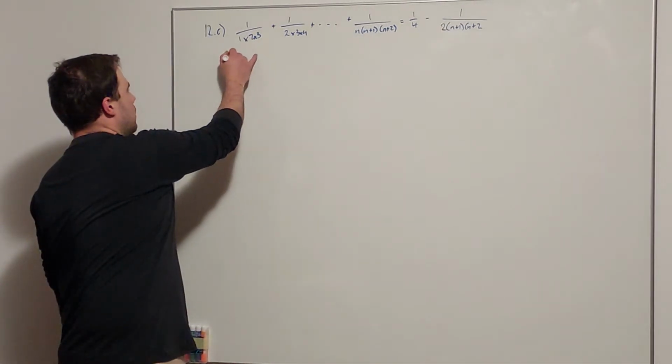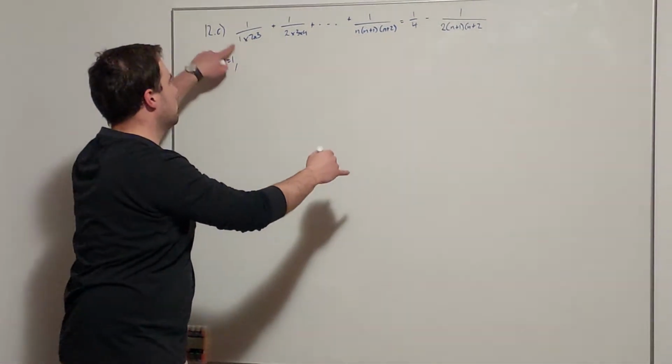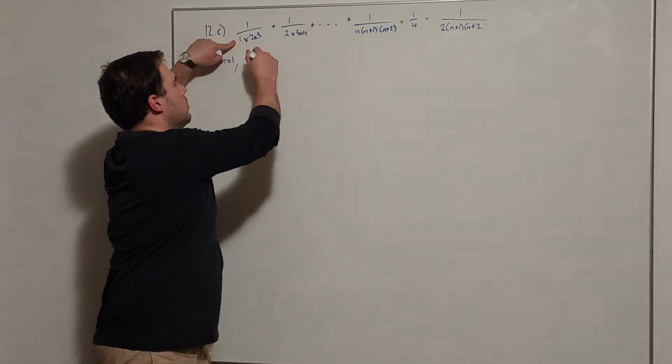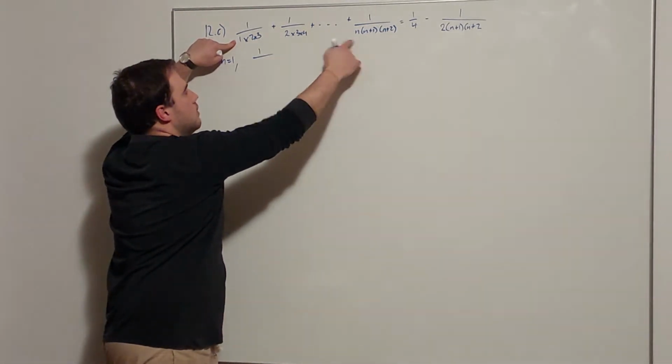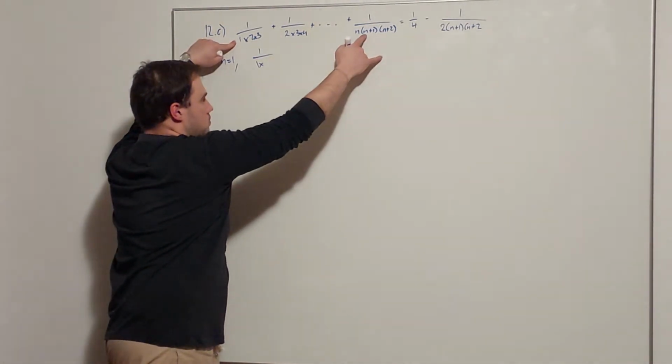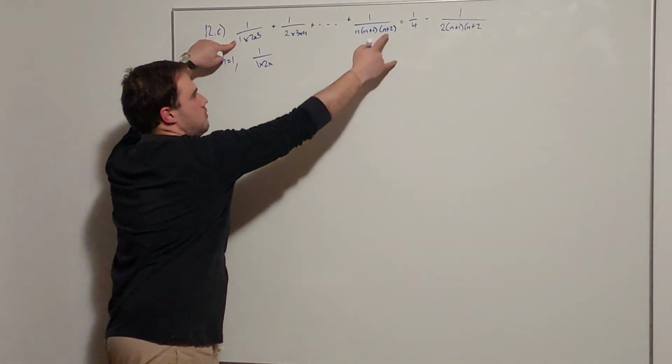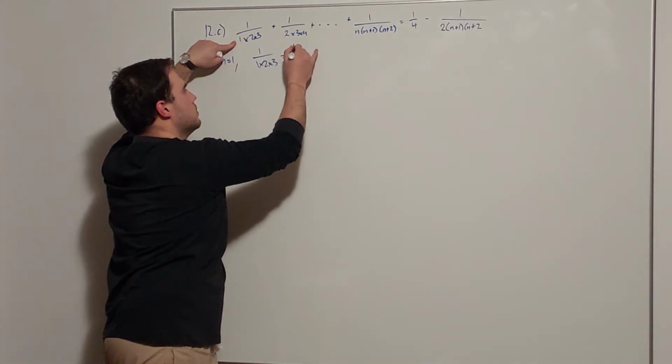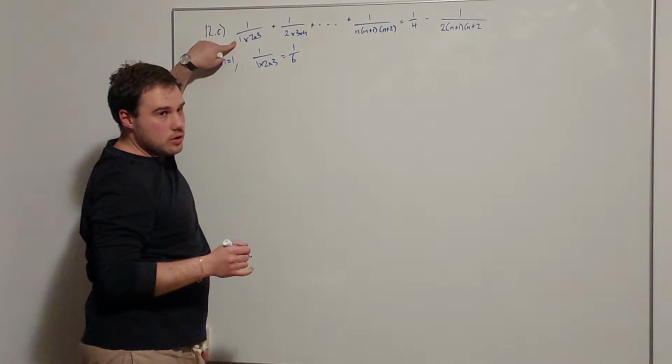When n equals 1, obviously this term here, 1 on 1 times 2 times 3 equals 1 on 6 on the left hand side.